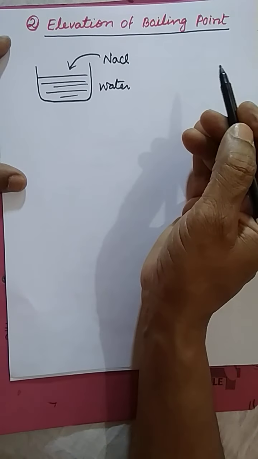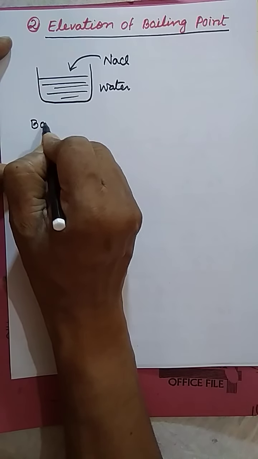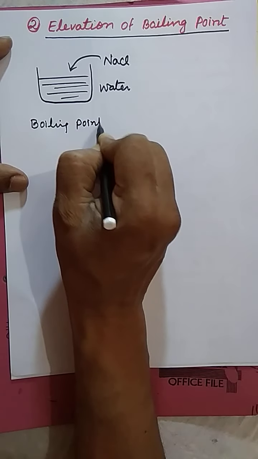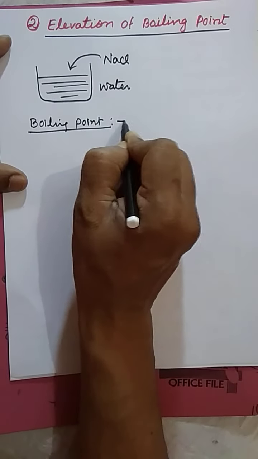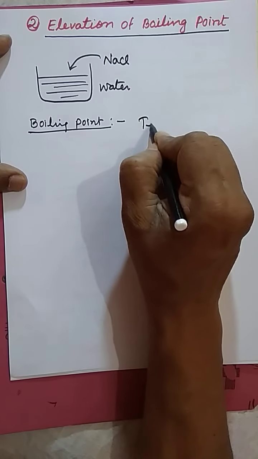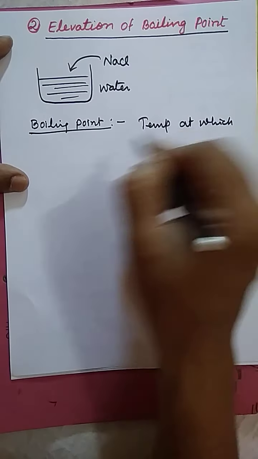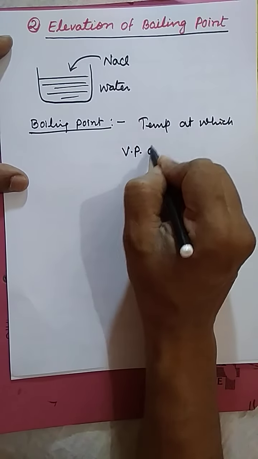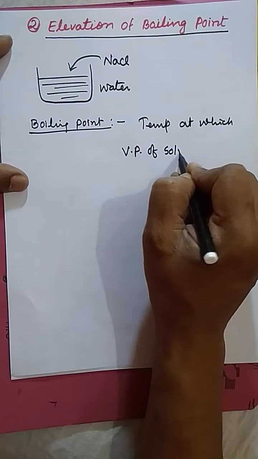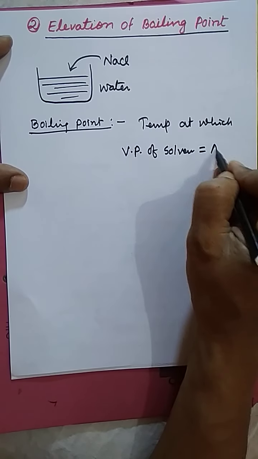Why? So you think, what is boiling point? First one is boiling point. So the boiling point is the temperature at which vapor pressure of solution or solvent equals atmospheric pressure.